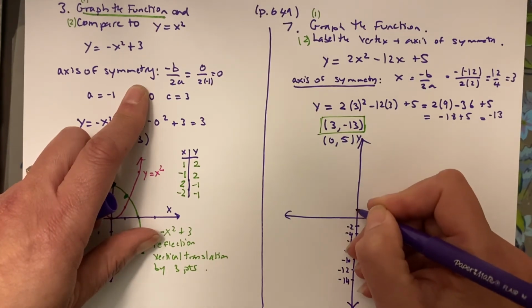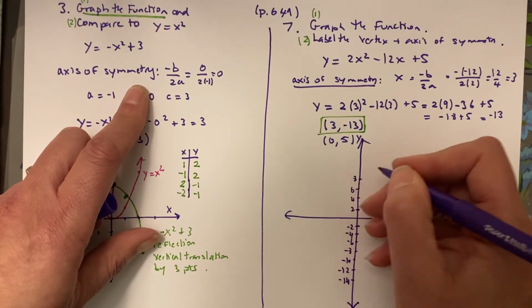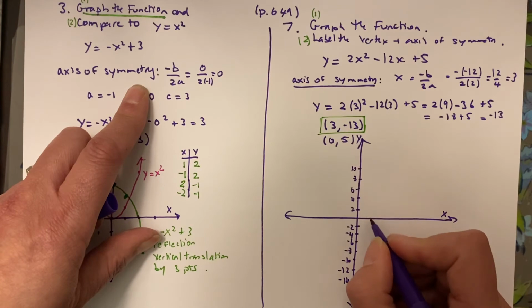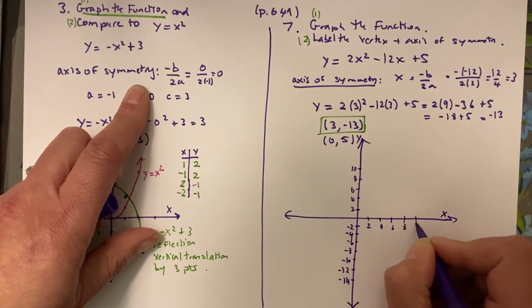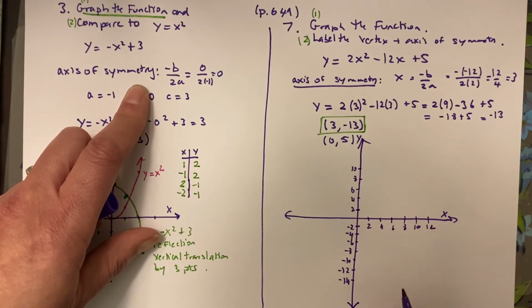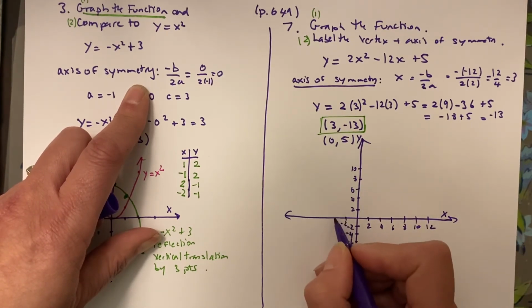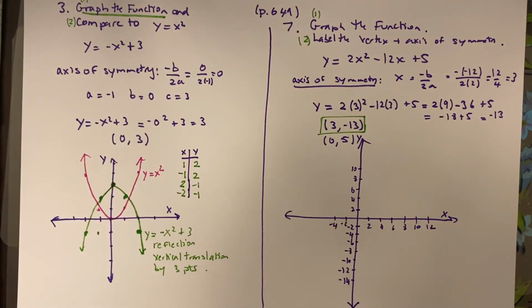I'll do the same going up, 2, 4, 6, 8, 10, and on the side 2, 4, 6, 8, 10, 12, and -2, -4. I should not have to go too far in that direction.